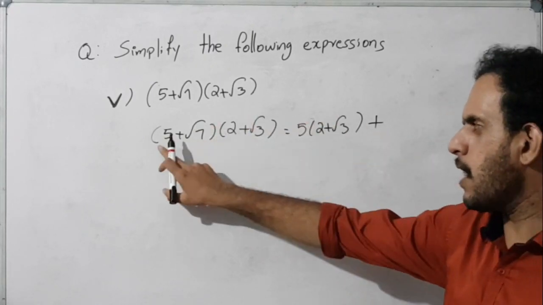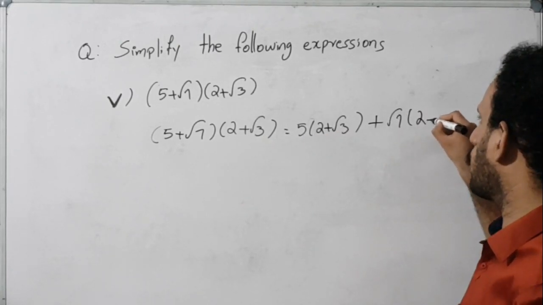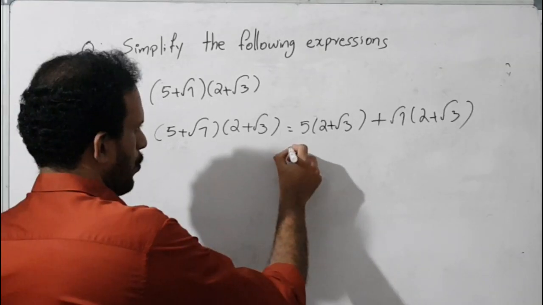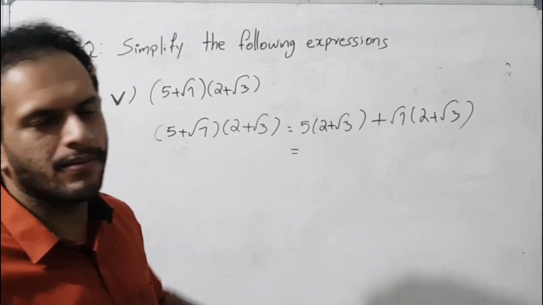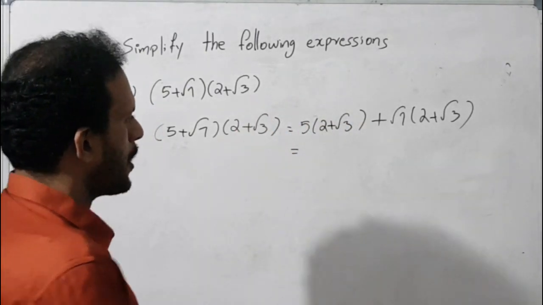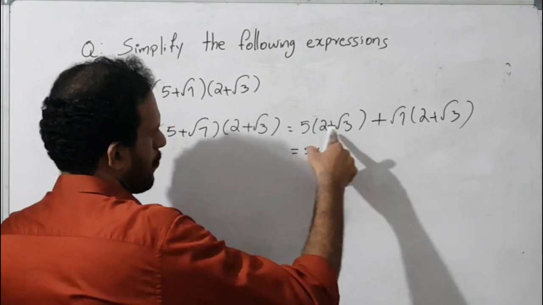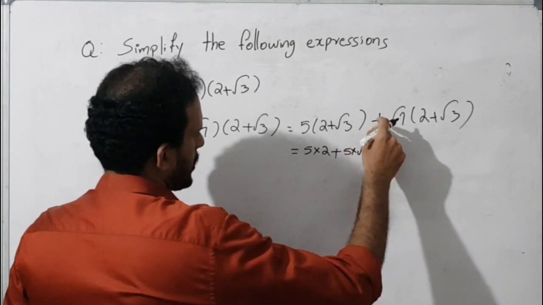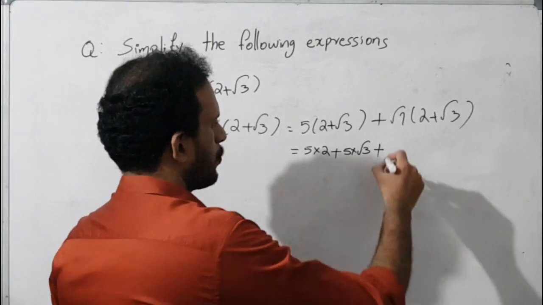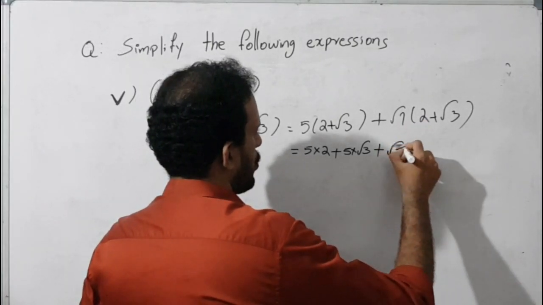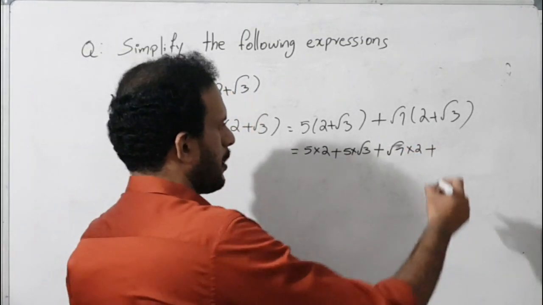So 5 plus root 7 into 2 plus root 3. How do we split? 5 into 2 plus root 3, plus root 7 into 2 plus root 3. We multiply each term of 2 plus root 3 by 5. Then how to expand? 5 into 2, plus 5 into root 3, plus root 7 into 2, plus root 7 into root 3.